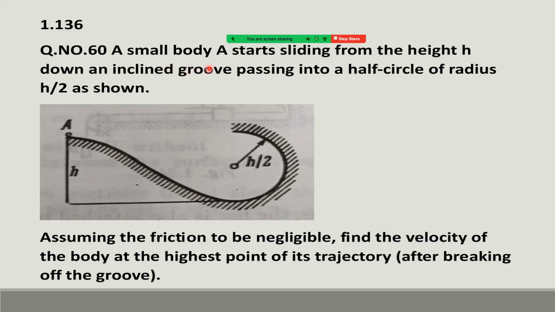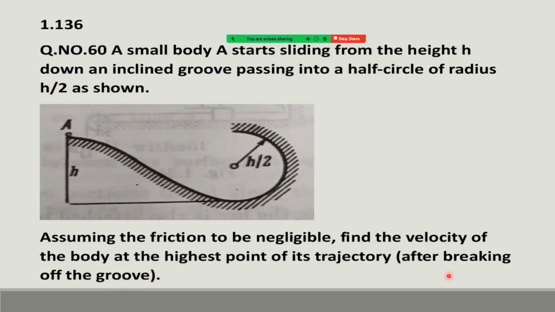A small body A starts sliding from the height h down an inclined groove, passing into a half circle of radius h by 2 as shown. Assume the friction to be negligible. Find the velocity of the body at the highest point of its trajectory after breaking off the groove.